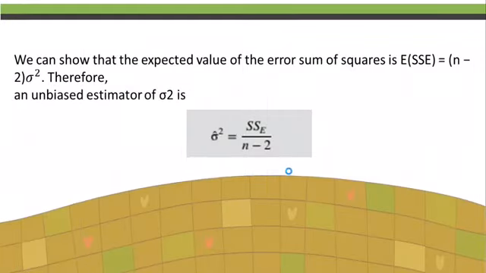We can show that the expected value of the error sum of squares, E(SSE), equals n minus 2 times the variance. Therefore, an unbiased estimator of variance is SSE divided by n minus 2.